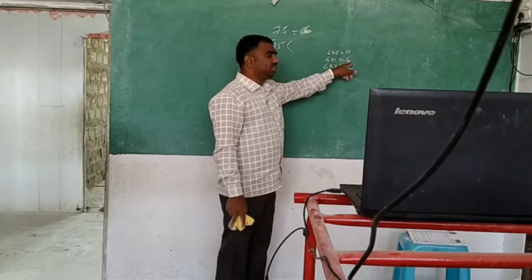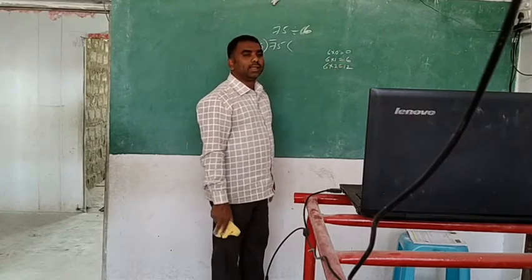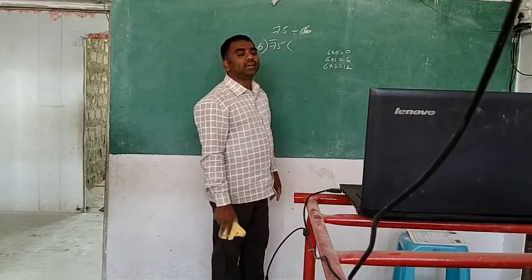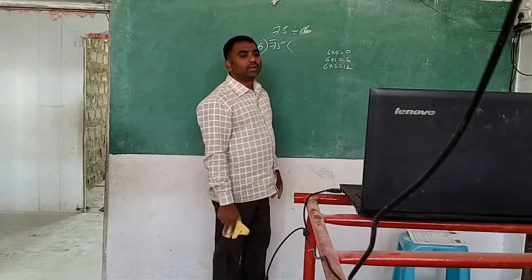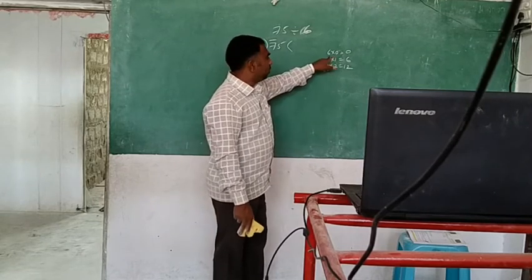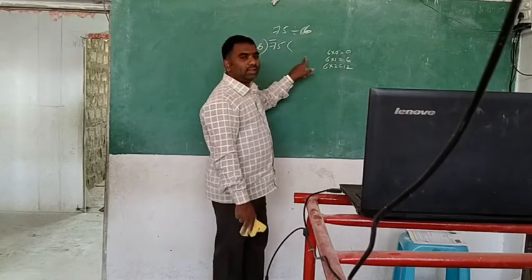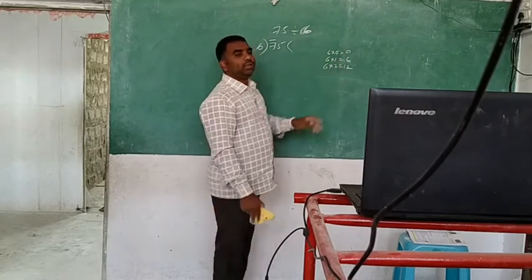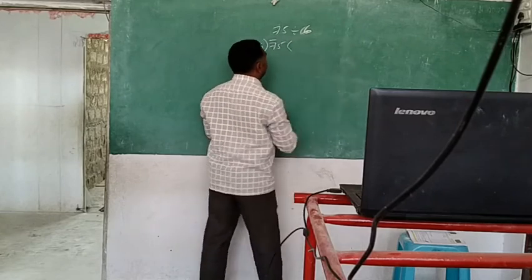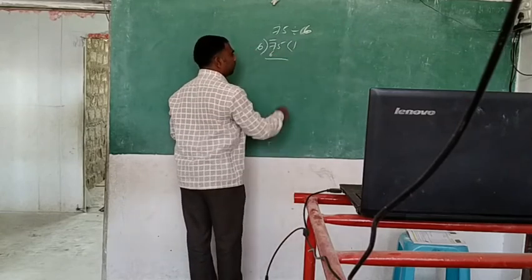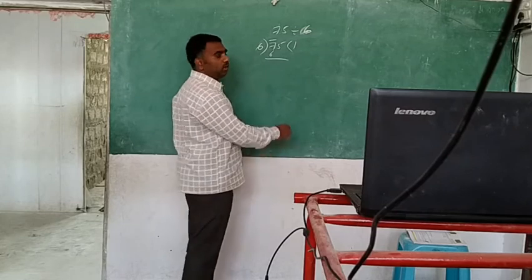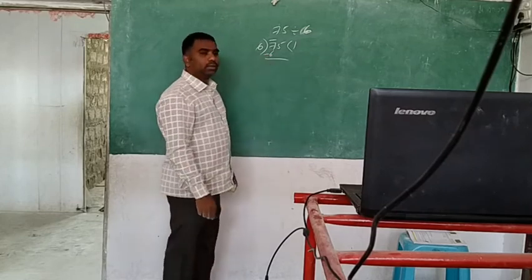But 6 ones are 6, which is also small. Is it or not? You are thinking only of 6 zeros are 0. But 6 ones are 6, which is also small. 6 twos are 12, which is bigger. So that's why what should we take here? 6 ones are 6. Now we will do the subtraction here.